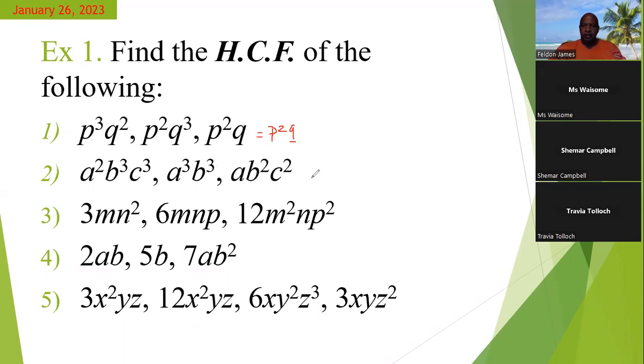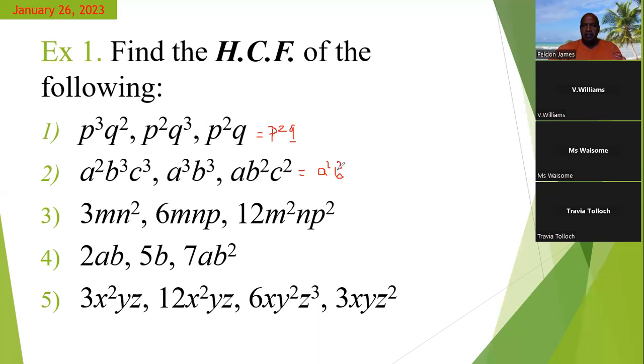All right. Now, who else would want to go for the second one? I'd like to try, sir. Go ahead, Ms. Williams. Sir, the answer is A squared B squared. All right.